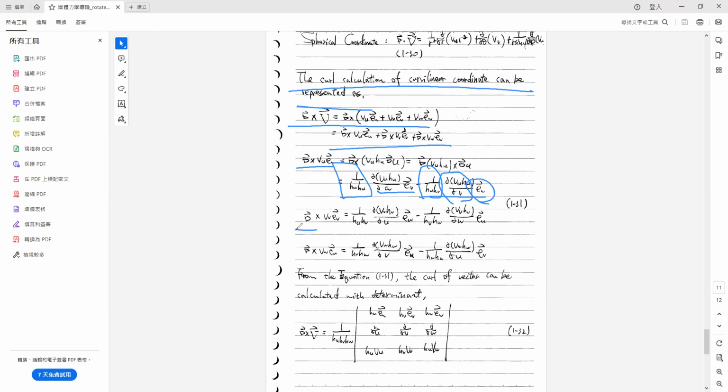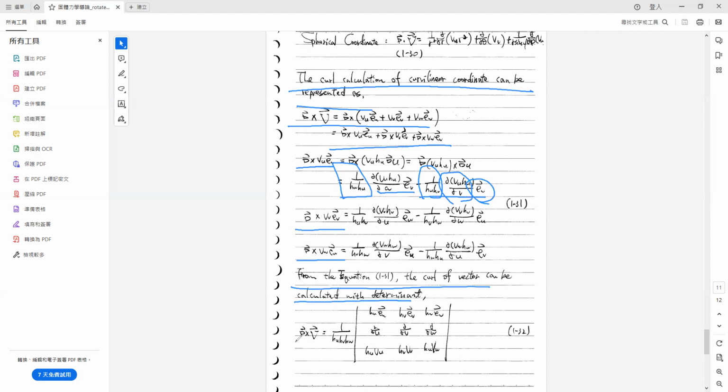Then we can get the curl of VV vector EV and the curl of VW vector EW.